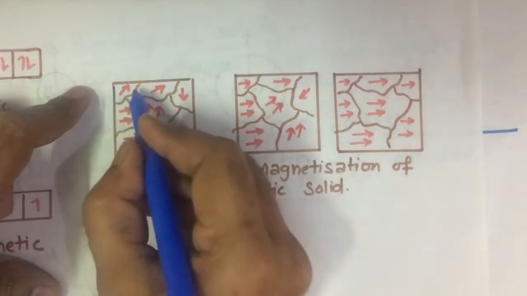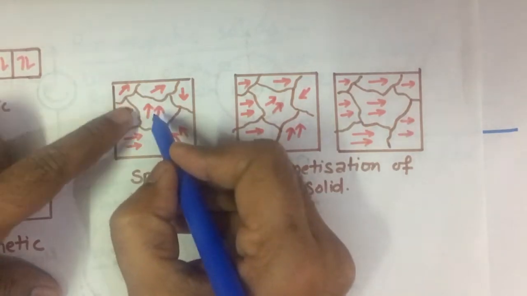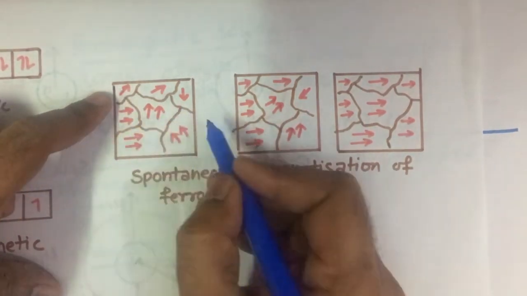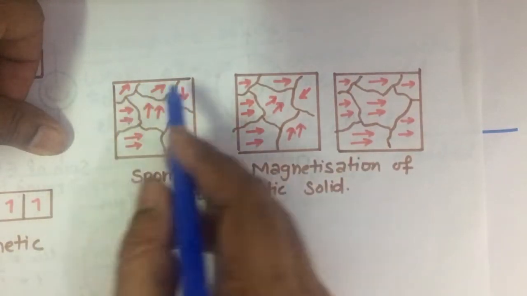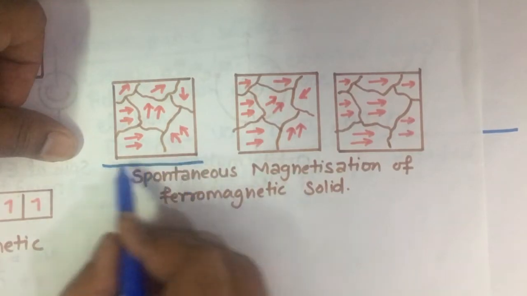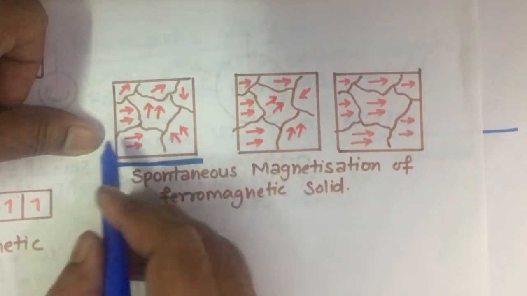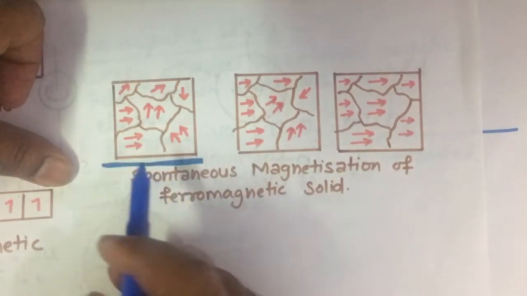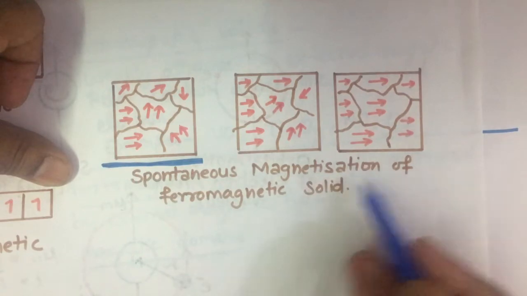Each domain acts as a tiny magnet where the orientation of the electrons is aligned in the same direction. Now when a solid comes under the area of an external magnetic field, these domains start aligning. So this is the spontaneous magnetization of a ferromagnetic solid.